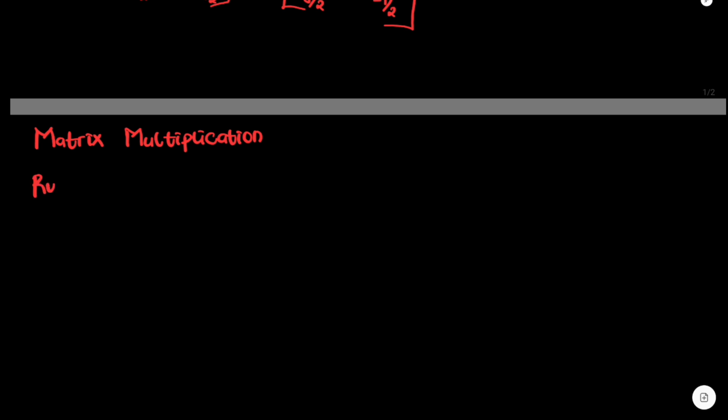In matrix multiplication, we have a rule. If A has the order m times n, and B has the order p times q, then the product AB will be possible if the number of columns in the matrix A is equal to the number of rows in the matrix B. Then the product AB is possible.